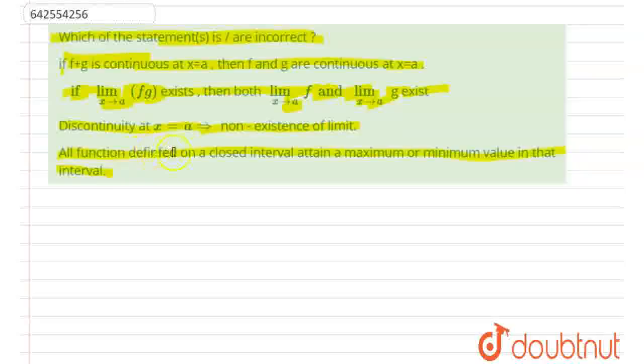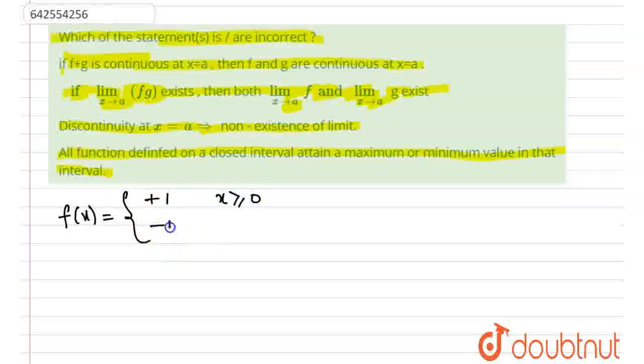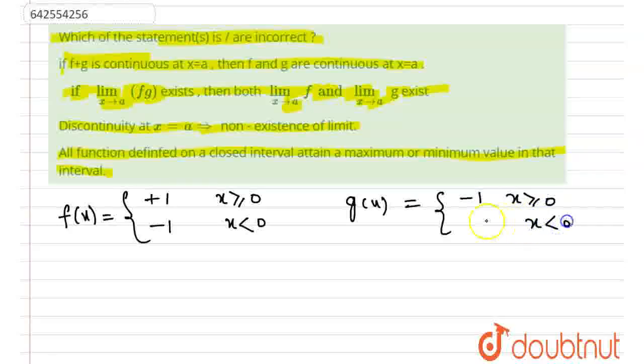So now let's look at the first statement. The first statement is f plus g is continuous at x equal to a. So let's take f(x) as just plus 1 for x greater than or equal to 0 and minus 1 for x less than 0, and take g(x) as minus 1 for x greater than or equal to 0 and plus 1 for x less than 0.